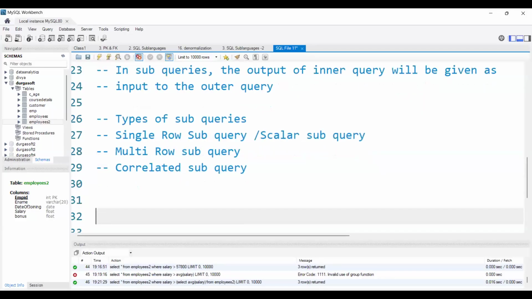First, we have the single row subquery. From the name itself we understand that a single row subquery is a subquery which returns a single value.